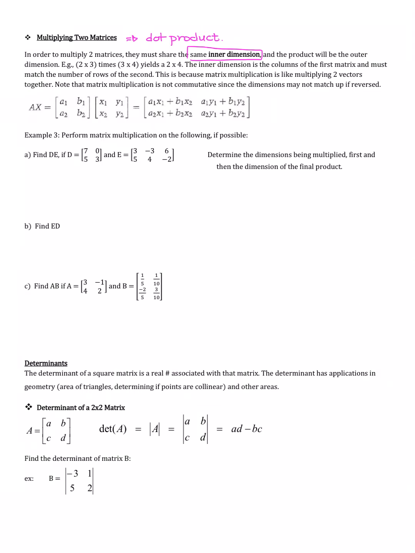So for instance, a 2 by 3 can multiply against a 3 by 4 because the inner dimension, 3 and 3, matches up. The result is the outer dimension, which would be a 2 by 4.